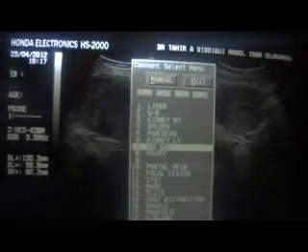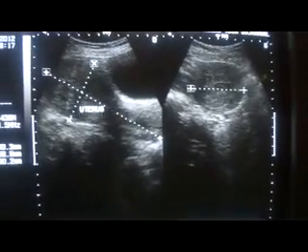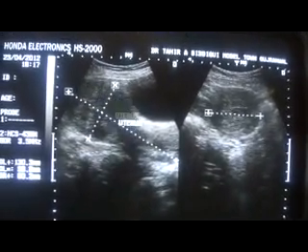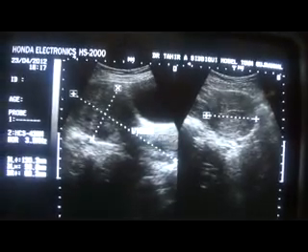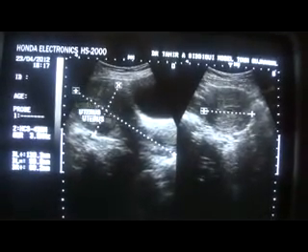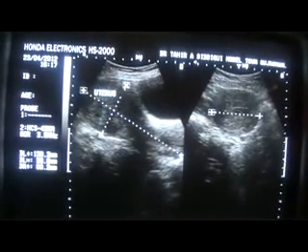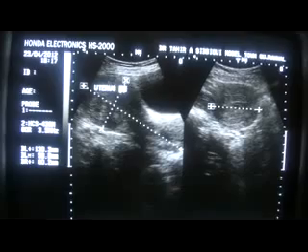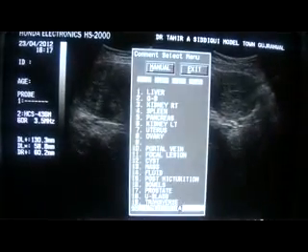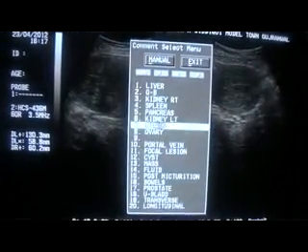Anterior posterior diameter of the cervix is 2.6 centimeters and it is within normal range. No focal lesion seen, and the canal is clear.